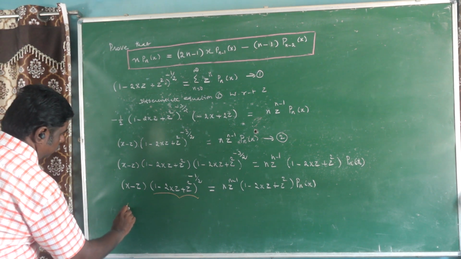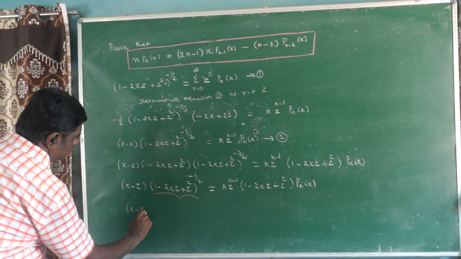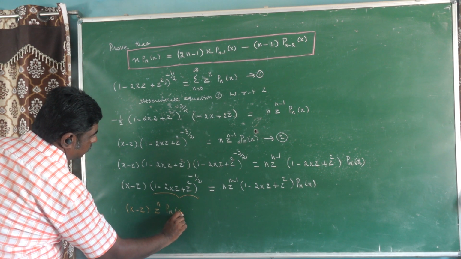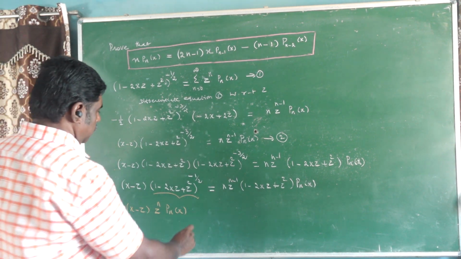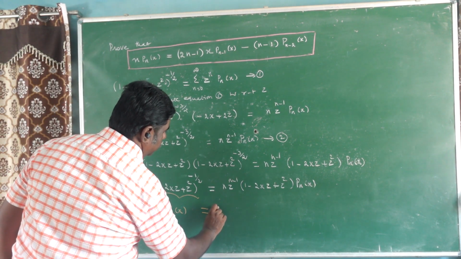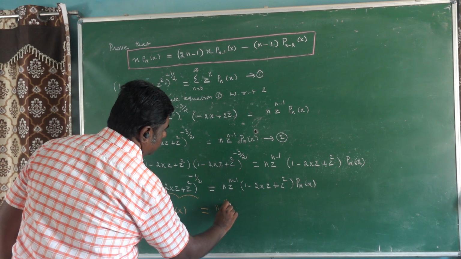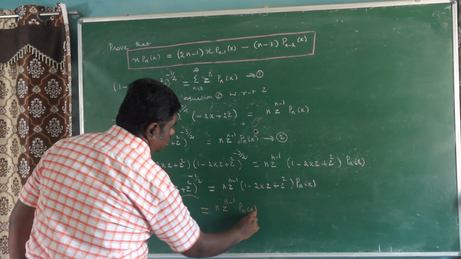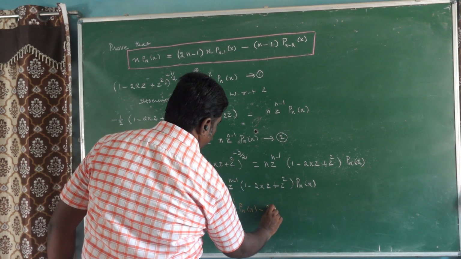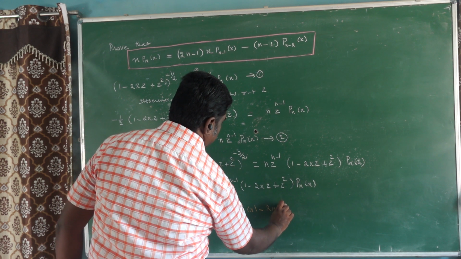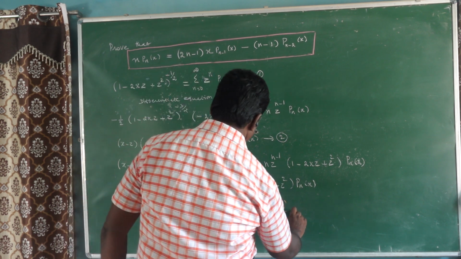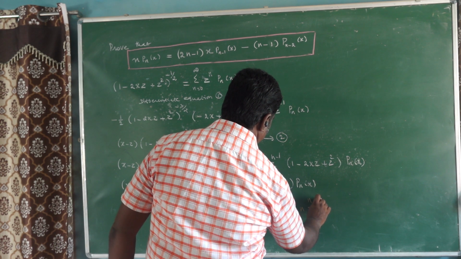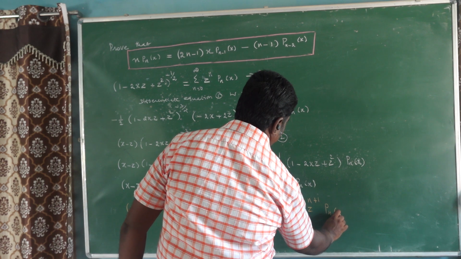Therefore, this is modified as (x minus z) into z power n into Pn of x, which is equal to n into z power n minus 1 Pn of x minus 2nx z power n plus n into z power n plus 1 into Pn of x.